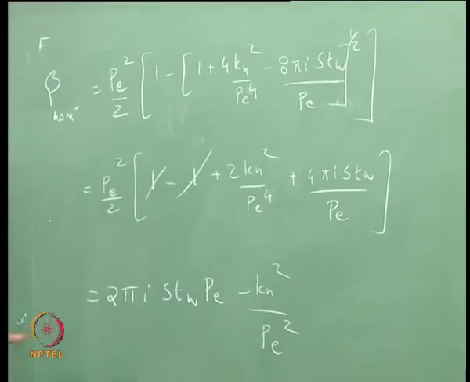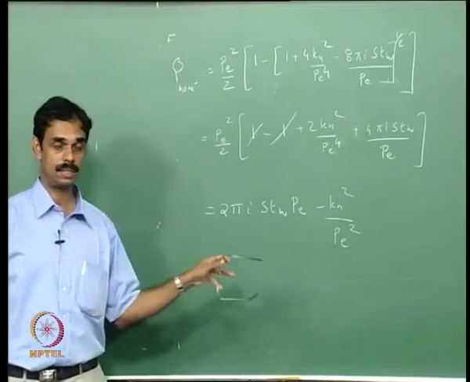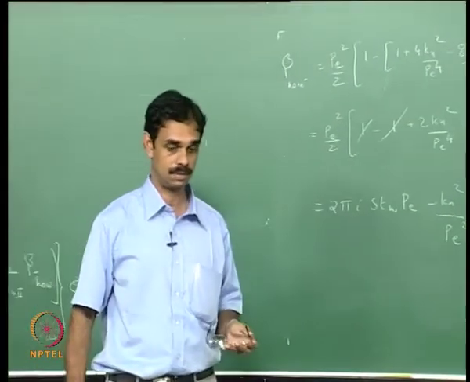So as Peclet number is large, this term will drop and this first term will dominate. Okay. So that is the solution we had written in the 2 classes back.